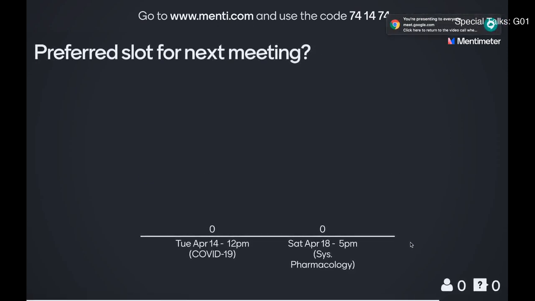Now, we have two more sessions coming this week. One is on Tuesday, April 4th. Please go back to Menti and tell us whether you are going to attend both or one. It's up to you.